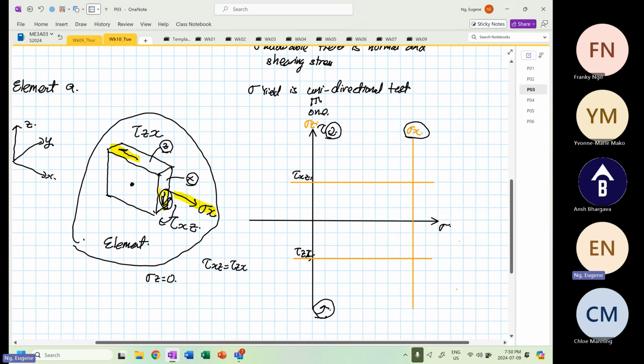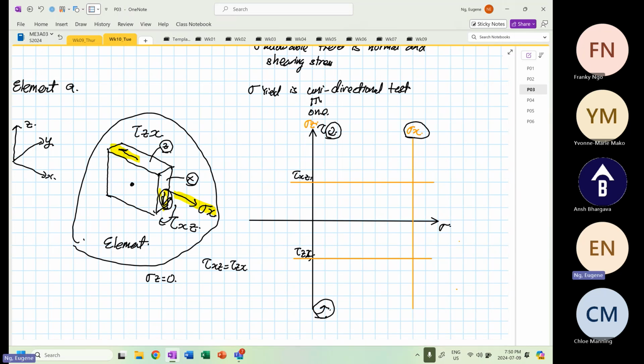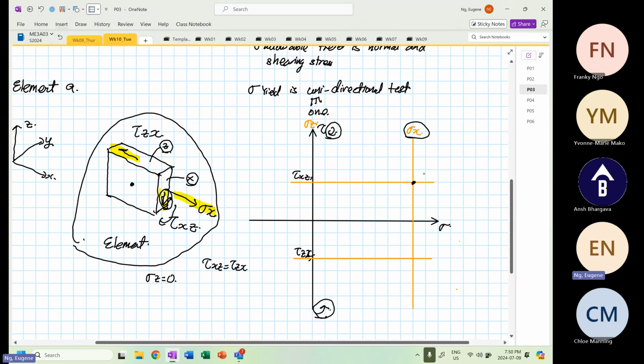So from here, at point X, the element is going to rotate in a clockwise direction. So we write down here that this is point X. And at point Z, if you put your finger at the center over here, the element will rotate in an anti-clockwise direction. So over here, this is your point Z.